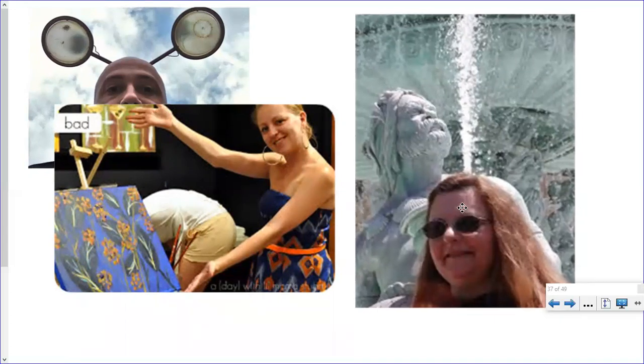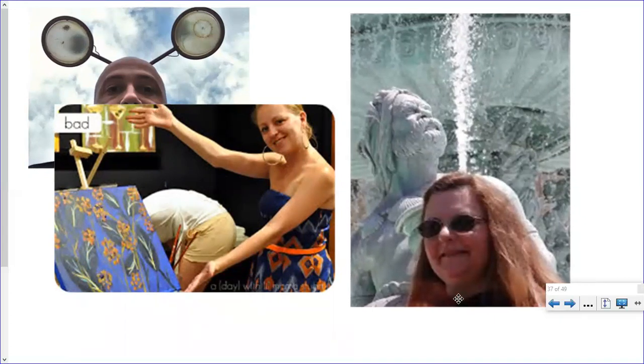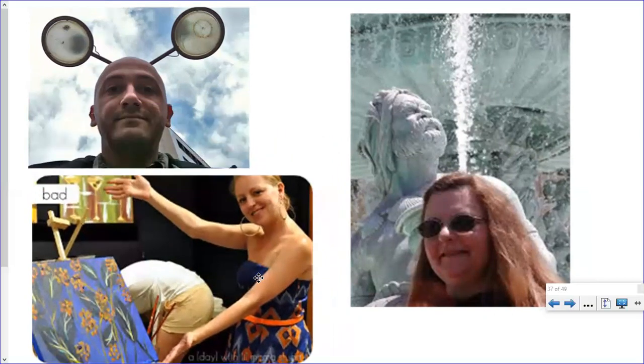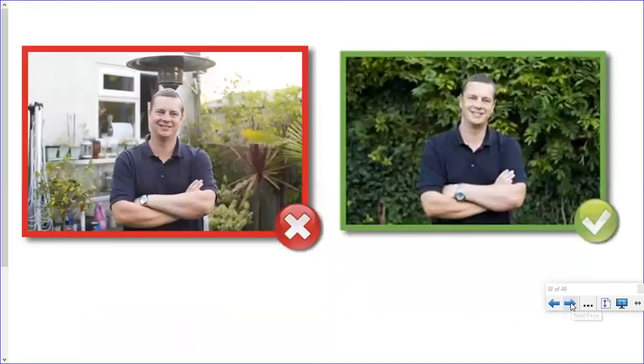Or this lady over here taking a picture of her in front of the statue now looks like that big chute of water is coming right out of the top of her head. All of these pictures could have been taken differently so they wouldn't have distracting backgrounds. Here's two examples of the same man in the same pose. And you can see the first one with the X here is showing how not to take a background picture.